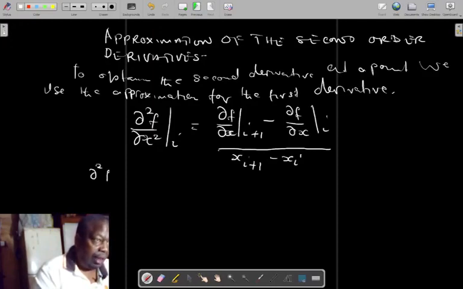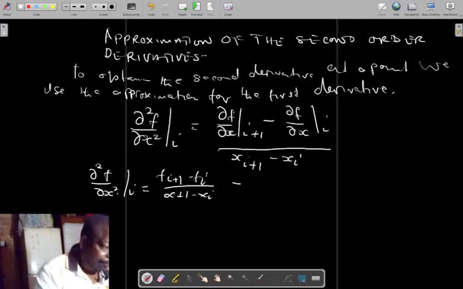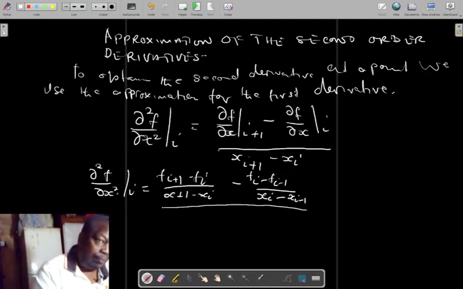So we can say that d2f by dx squared at i is equal to (f_{i+1} - f_i) over (x_{i+1} - x_i), because that is the first derivative, minus (f_i - f_{i-1}) over (x_i - x_{i-1}), and all of that is divided by (x_{i+1} - x_i).